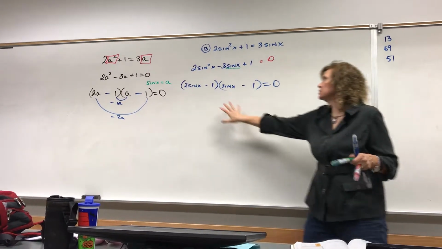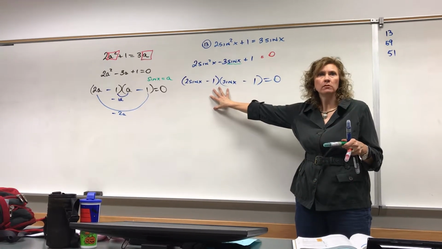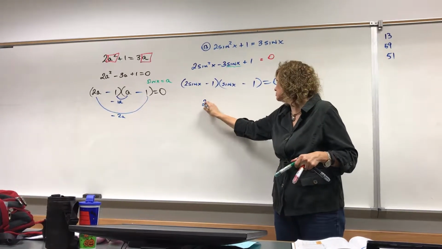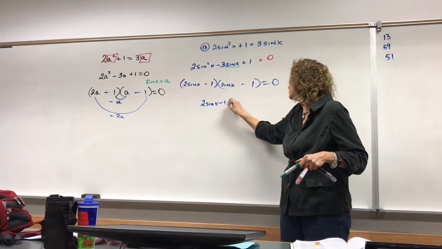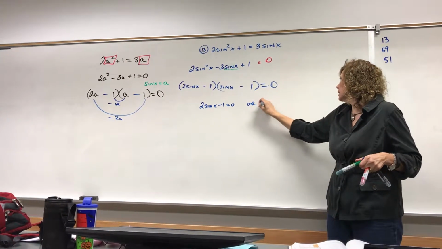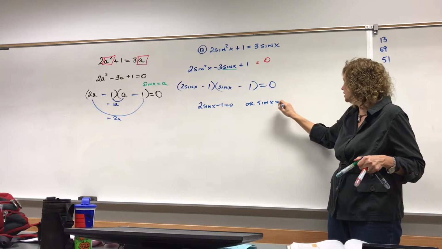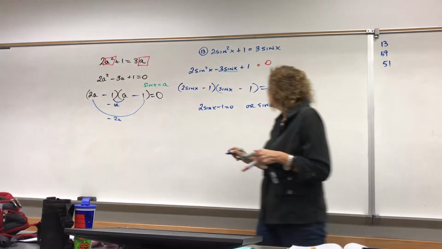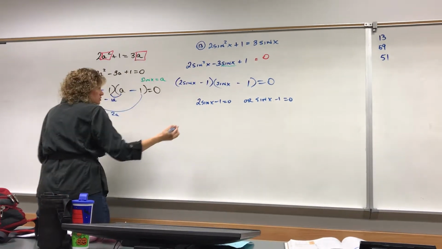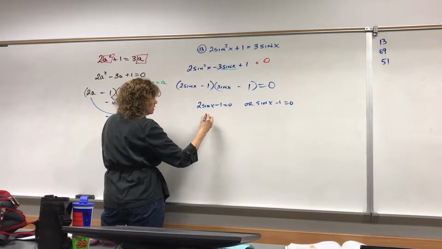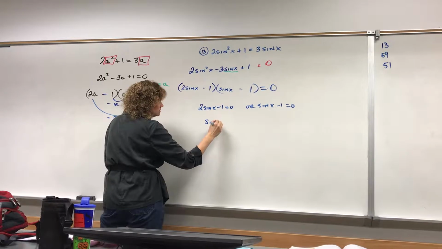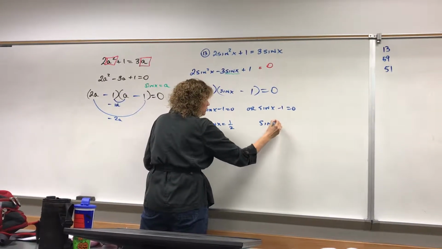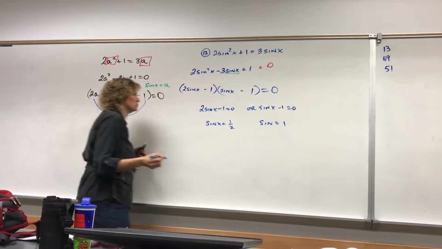Once we get it factored, what do we do? Set them both equal to 0. So if you're okay with factoring like this, you've got 2 sine x minus 1 equals 0, or sine x minus 1 equals 0, in which case you move the 1 to the other side and divide by 2, you get sine x equals 1/2, or sine x equals 1.